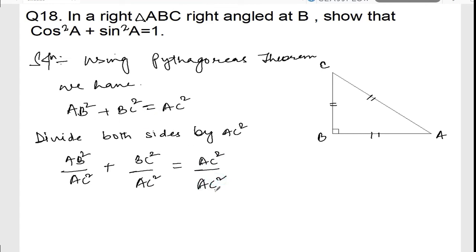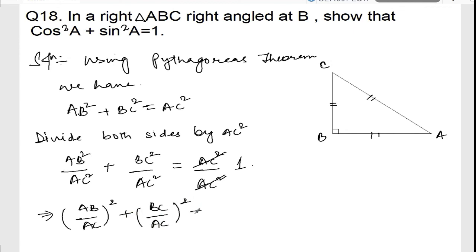I am dividing both sides by AC square. AC square cancels, so this is 1. I can write this as AB by AC whole square plus BC by AC whole square is equal to 1.